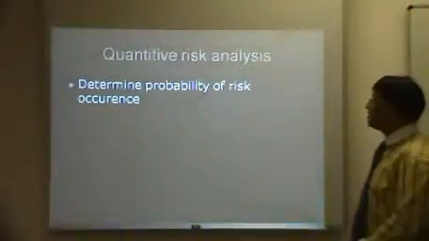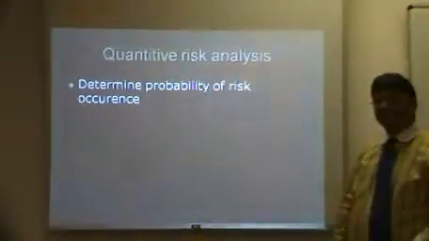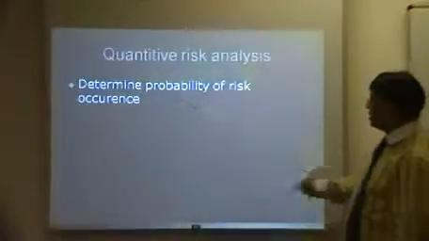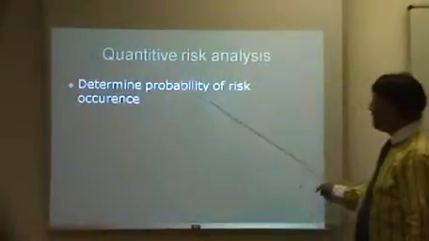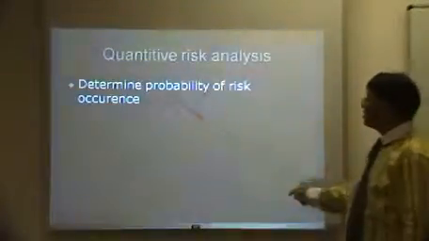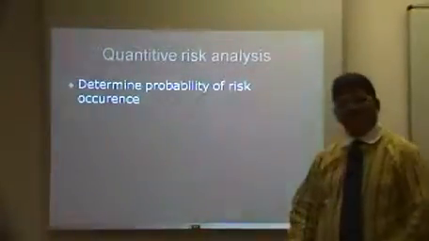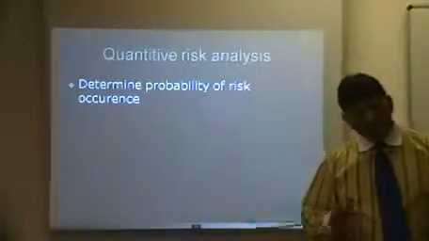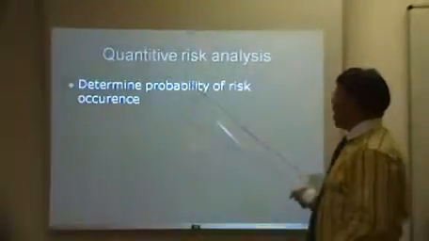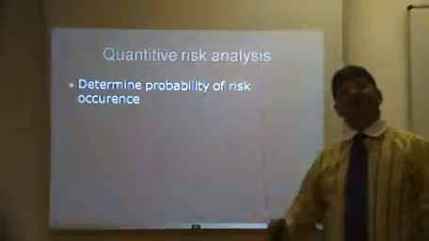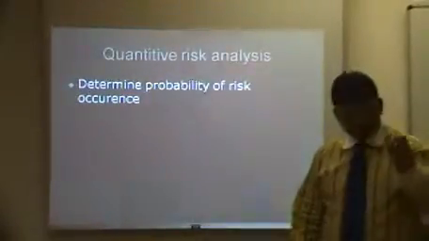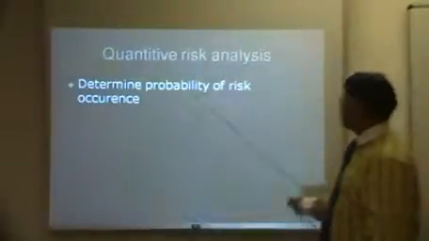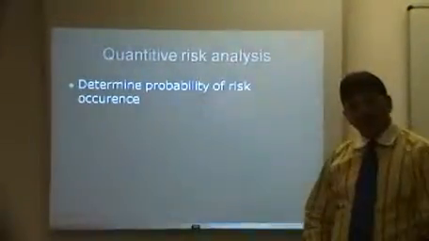Quantitative risk analysis. Now you're looking at quantities. Now you're quantifying the risk. Determine the probability of risk occurrence. When you quantify, you will make a probability study of how likely the risk is to occur or happen. The likelihood, the probability. Is there a 10% probability?